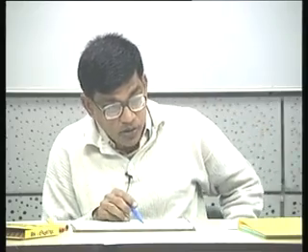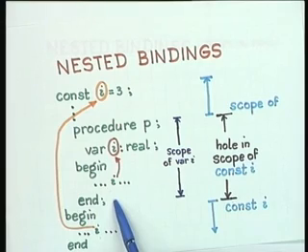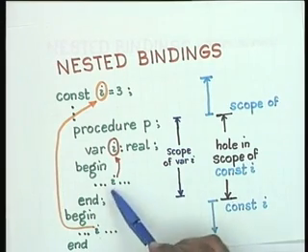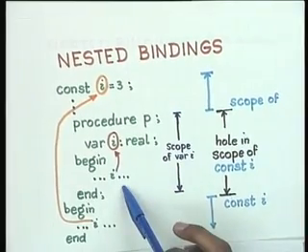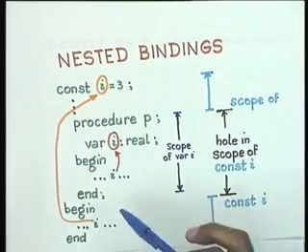For example, within this scope, are you using I only as a real variable, or perhaps it should be checked that it is not being used as a character or a string, or as a pointer. So it puts an extra overhead on the compiler and the runtime system, especially in a language like Pascal, which does type checking, as to where exactly the binding occurrence is and whether the meaning specified by it is being followed.